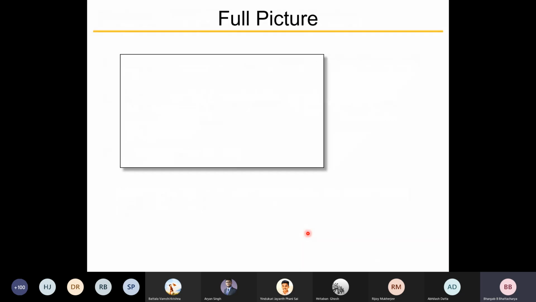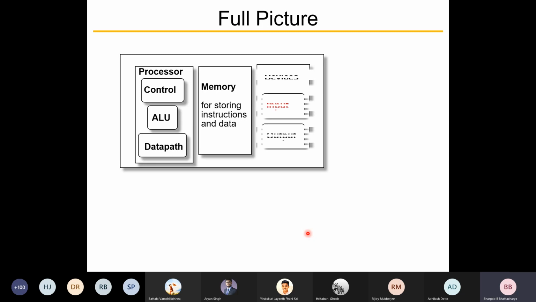So let us look into the full picture again. We have 5 easy pieces. We have already seen that you have a processor, which has the arithmetic logic unit and a controller, a very complicated finite state machine which takes care of the entire sequencing. And you have a memory for storing both the set of instructions and data.